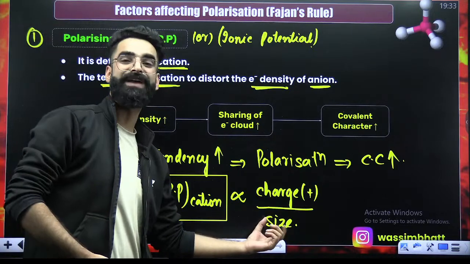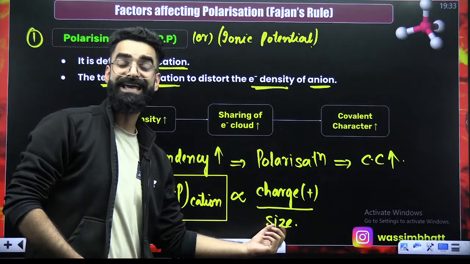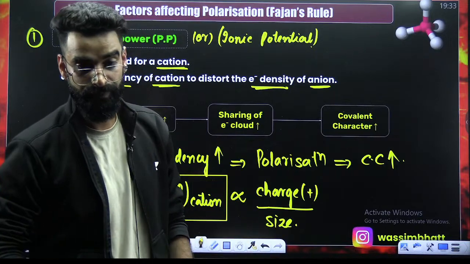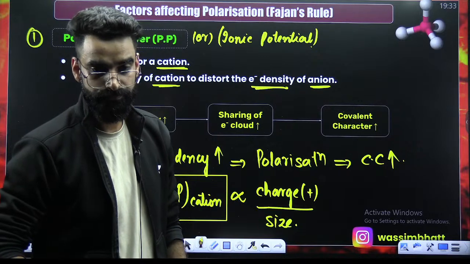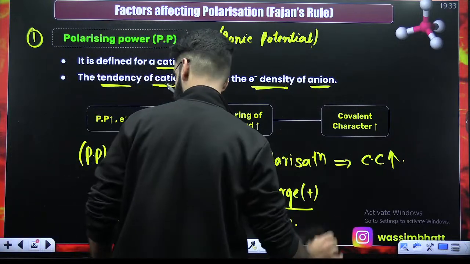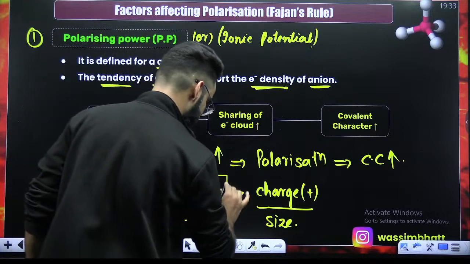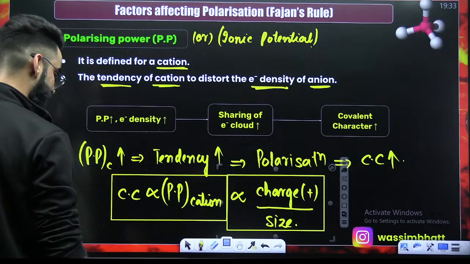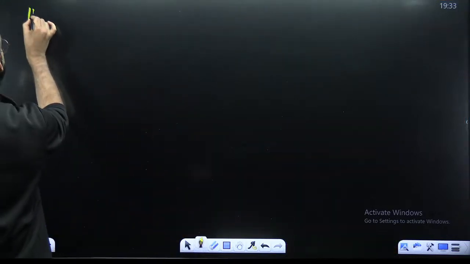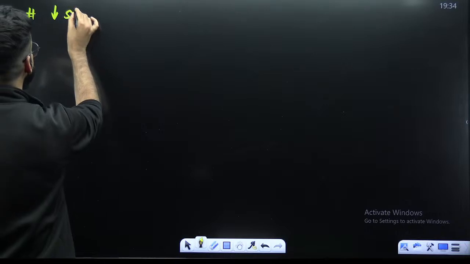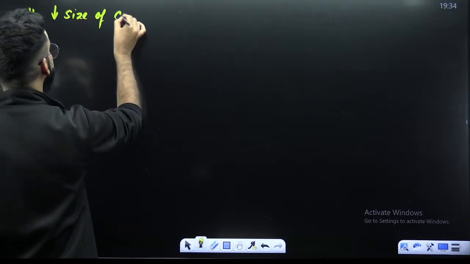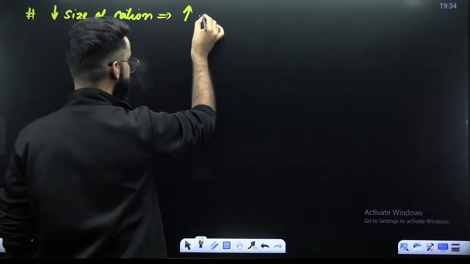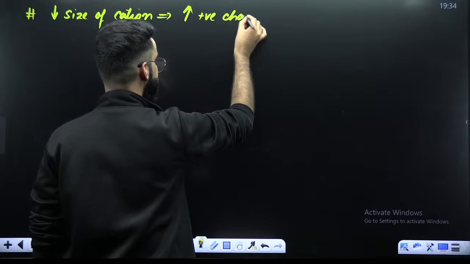So as the size of cation decreases, positive charge density of the cation increases. I'm writing this particular statement over here, so remember it from now onwards. Lesser the size of the cation, more is going to be its positive charge density.